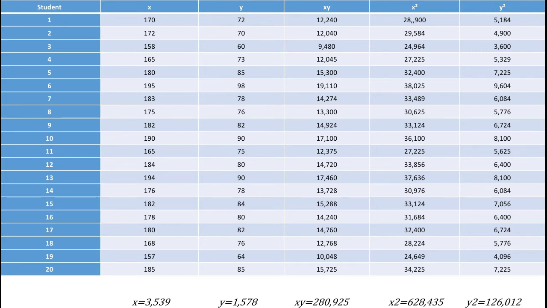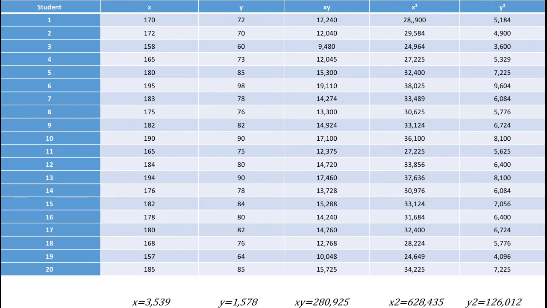Before we substitute in our formula, first you have to find the summation of all the columns. You can total the numbers: summation of x, summation of y, summation of xy, summation of x squared, and the summation of y squared.